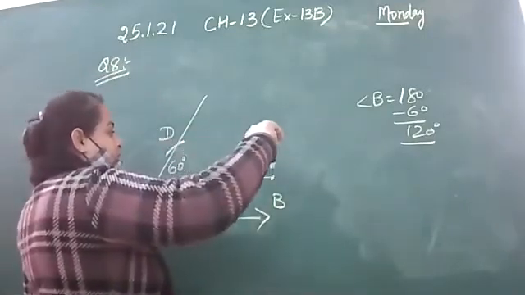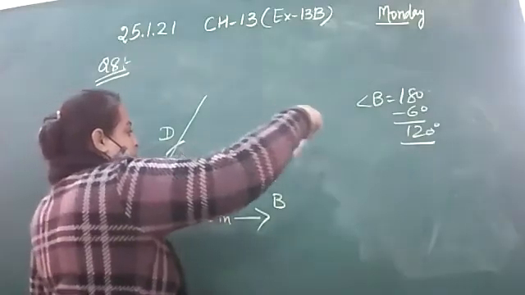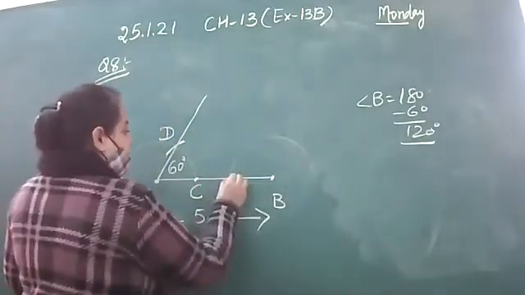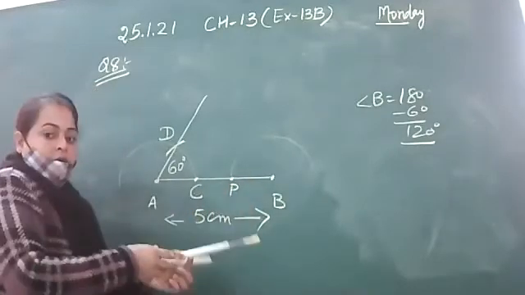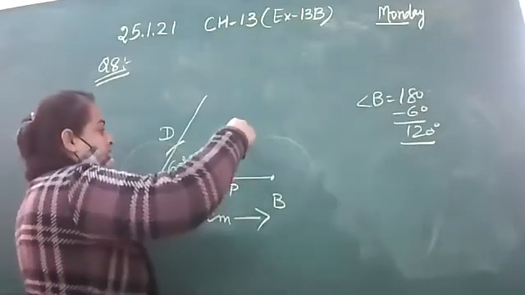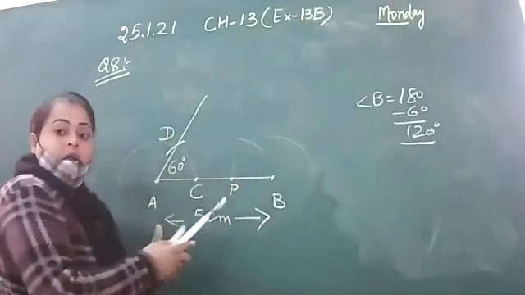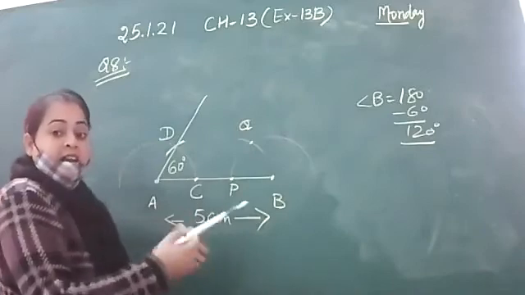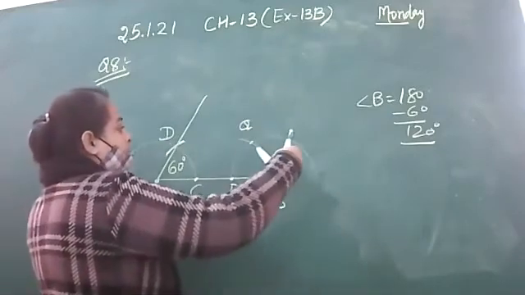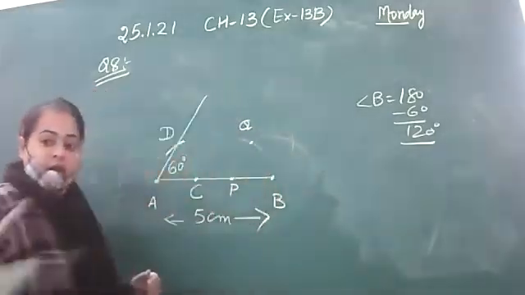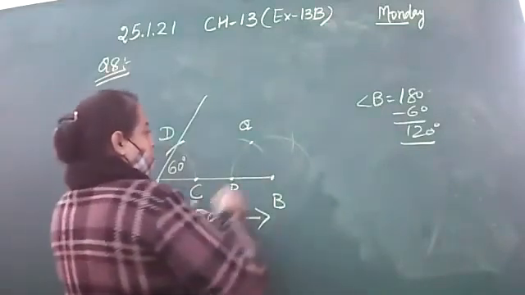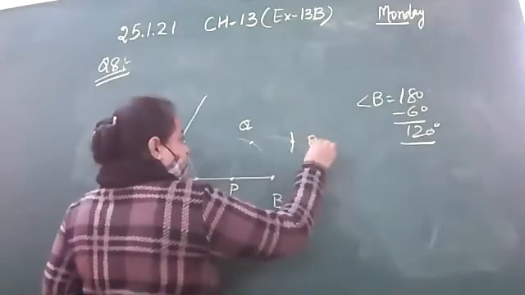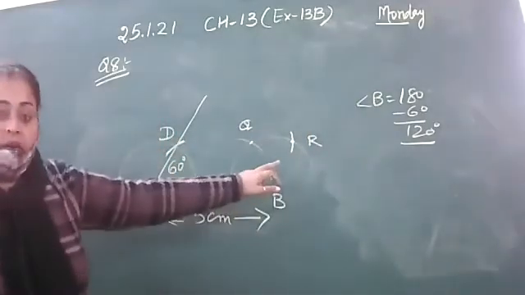Now let's start. This is P. Now this first is of 60 degree. P, this is Q, and this next is of 120 degree. Okay, so this is R. Now this is 120.